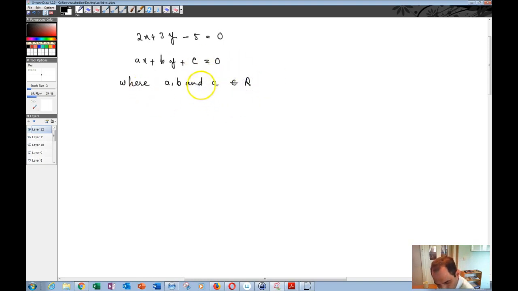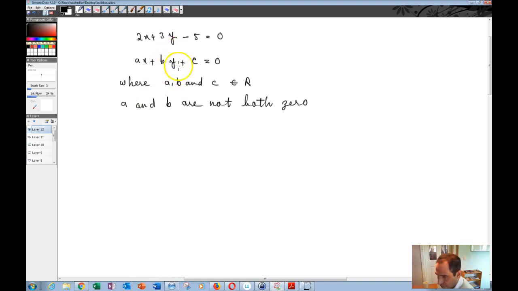They are real numbers, and what's important here is that a and b are not both zero, meaning that they cannot be zero at the same time.